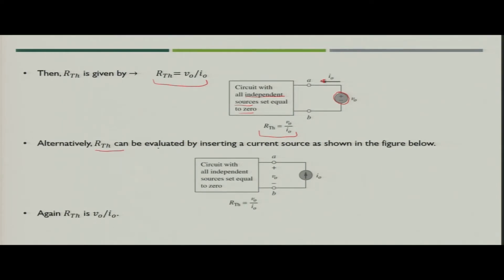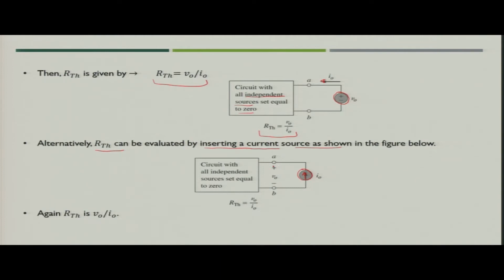Alternatively, the RTH can also be measured by inserting a current source. So, instead of a voltage source, across these two terminals you will apply one current source. Now, what you have to do?